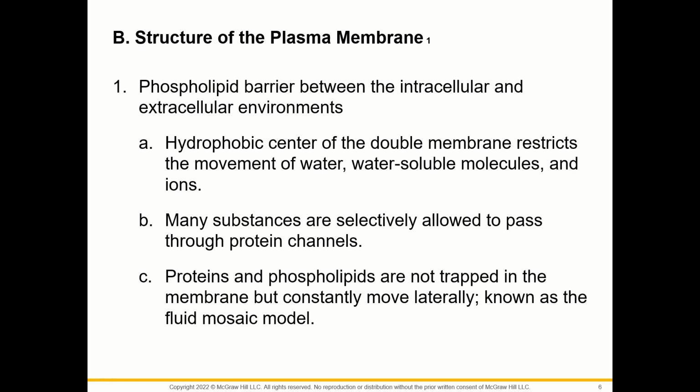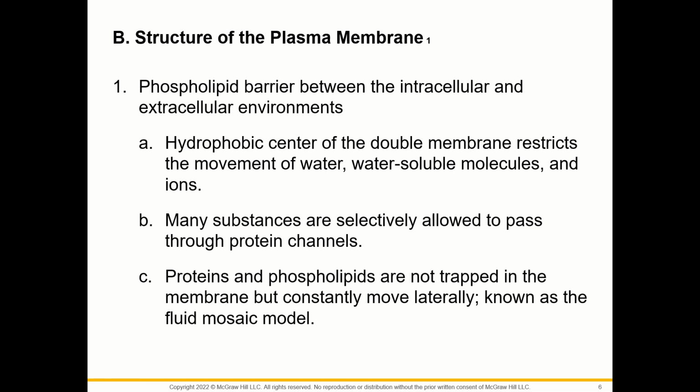The structure of the plasma membrane is a phospholipid barrier between the intracellular and extracellular environments. The phospholipid has a hydrophobic center, and thus it's a double membrane. This double membrane with the hydrophobic center restricts the movement of water-soluble molecules and ions. This is what makes it selectively permeable.